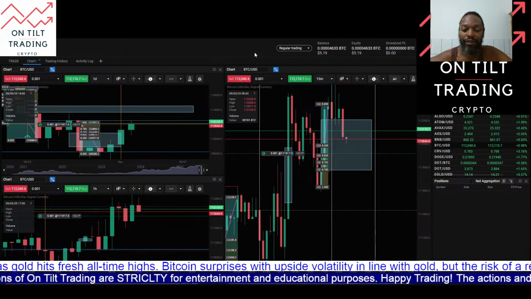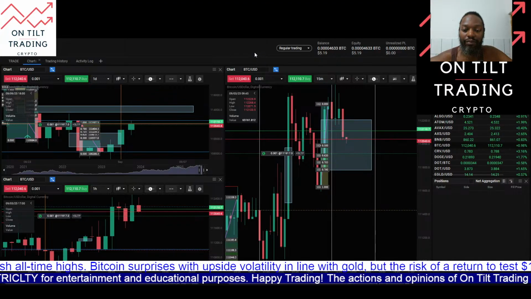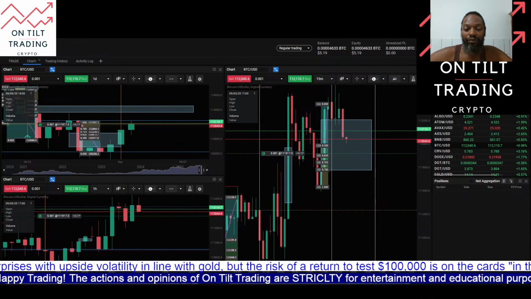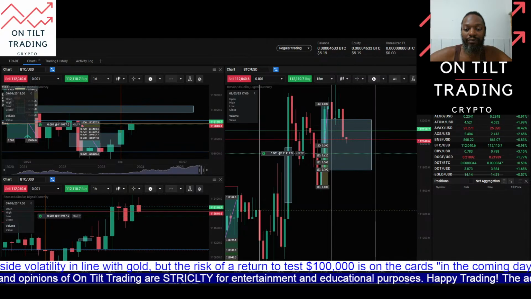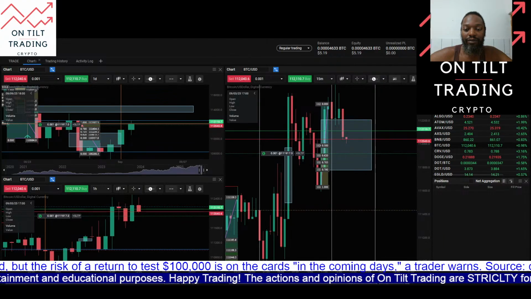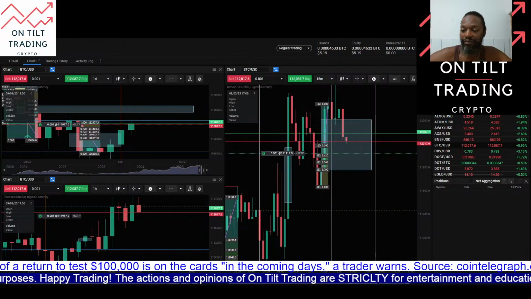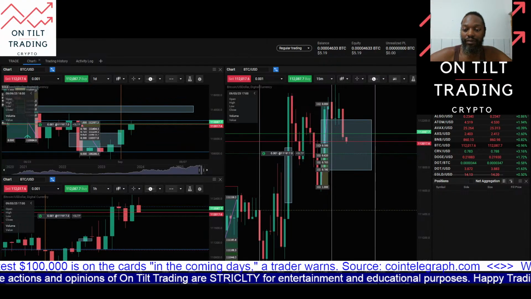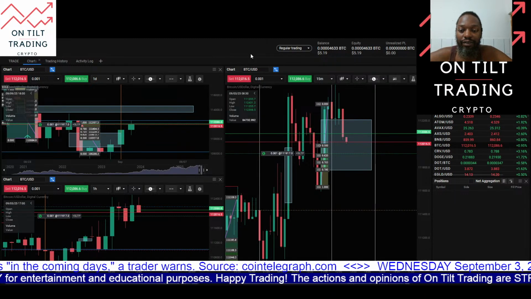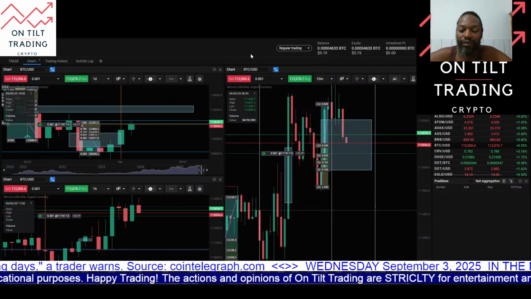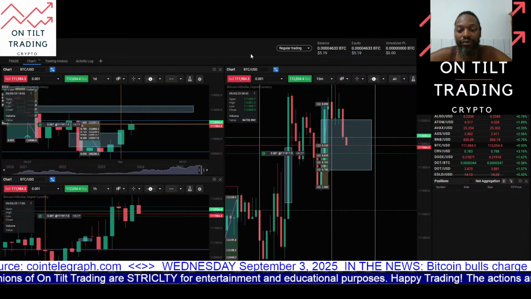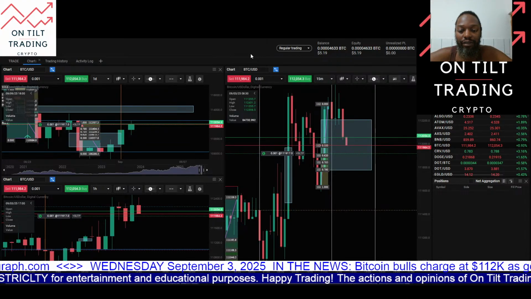Price appears to be reacting from the equilibrium level, which is right here, is equilibrium. So price reacting as it's approaching that level. And we'll see if price can trade through and reach the 62% level and possibly have a reaction to send the price higher to target.